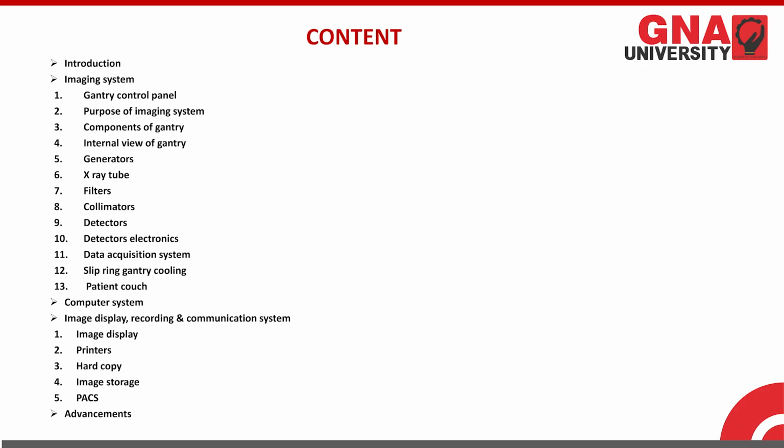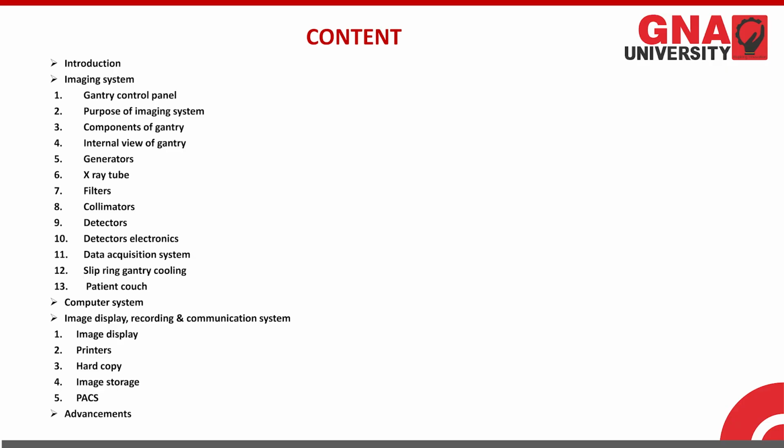For example, we will start with the imaging system. The imaging system comprises the gantry control panel, purpose of the imaging system, components of the gantry, internal view of the gantry, generators, X-ray tube, filters, collimators, detectors, data acquisition system, slip ring technology, and patient couch.